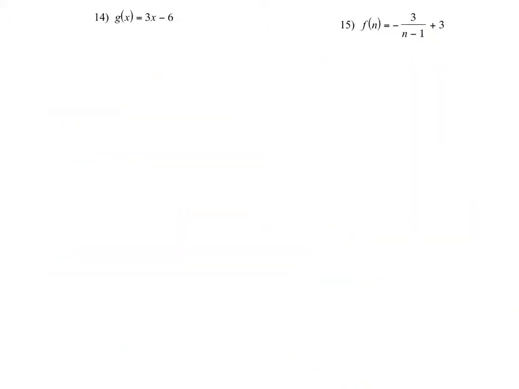For these last two, we need to find the inverse. So g inverse of x, we would go y equals 3x minus 6. Switch x and y. X is equal to 3y minus 6. Add 6 to both sides and divide everything by 3.